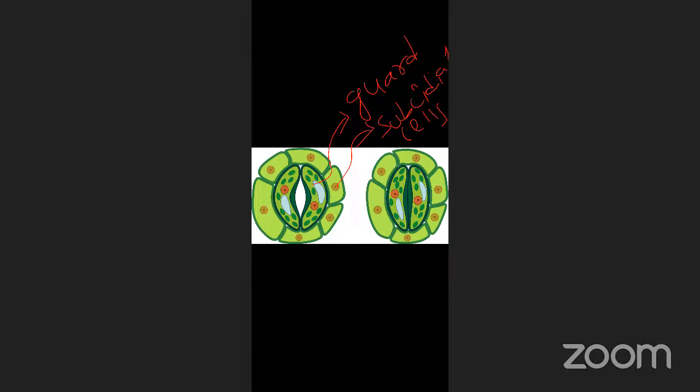Guard cells, as I already told you, are bean shaped, but the outer wall is thin, while the inner side, if you observe, is very thick. The inner side is very thick, and this is the pore.